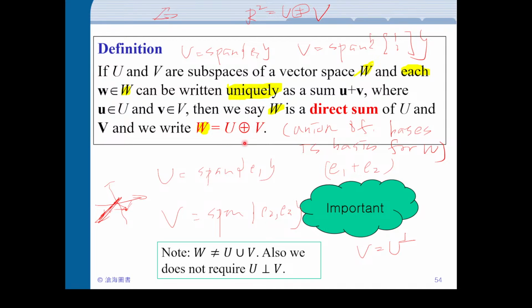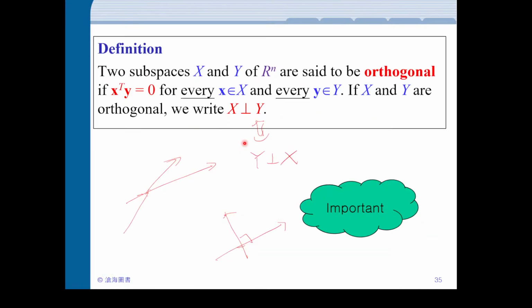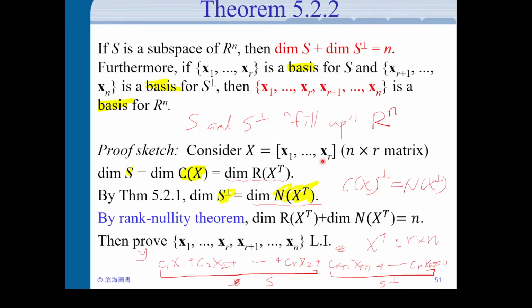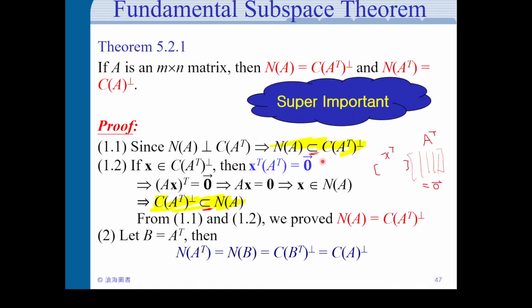So we have complement, direct sum, and we also have this orthogonal definition. Two subsets are orthogonal if everything inside them are orthogonal to each other. Okay, and we also have our fundamental subspace theorem saying that the complement of the row space is the null space.